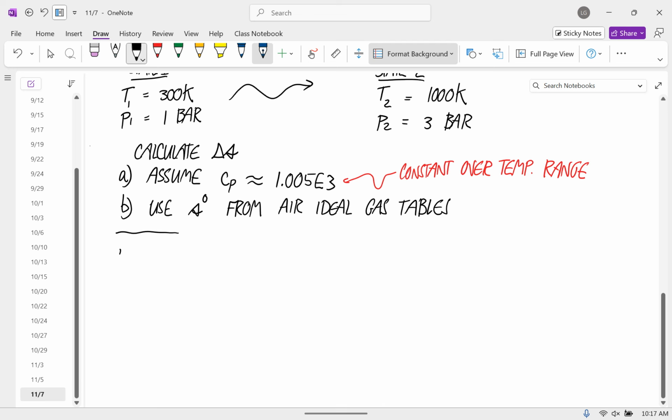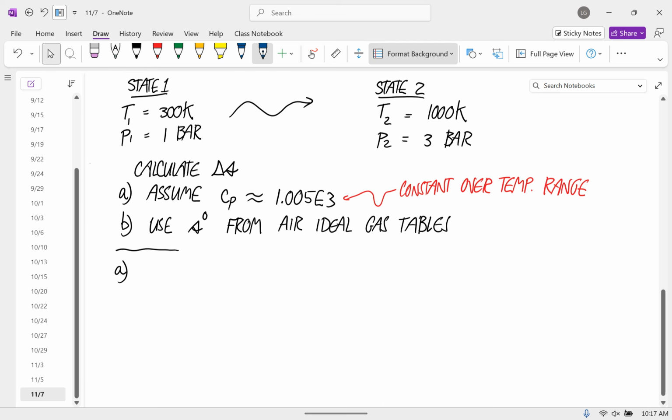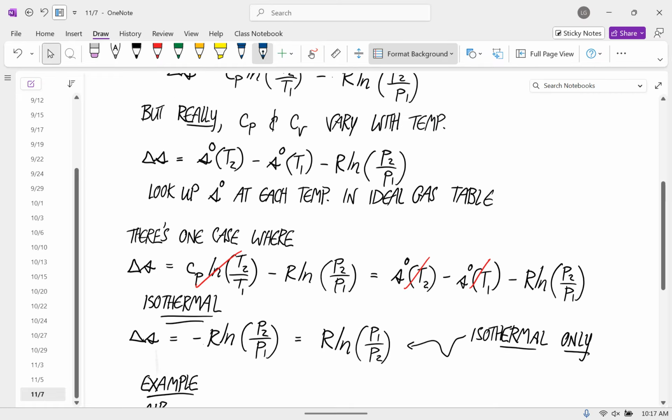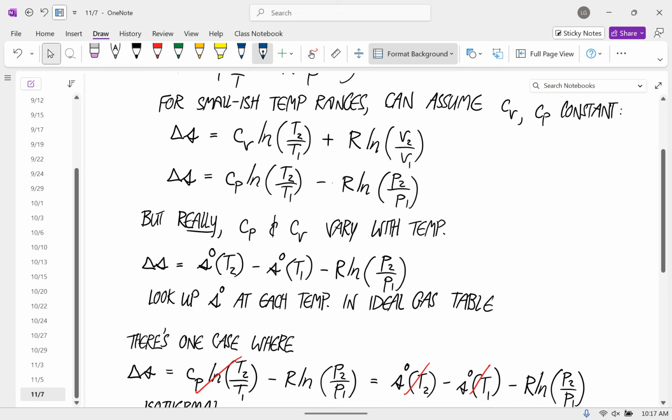Okay, so for part A, what we have is two pressures. So what we want to use is the pressure version of this expression for delta S. If we were given volumes instead, we would use the volume version.